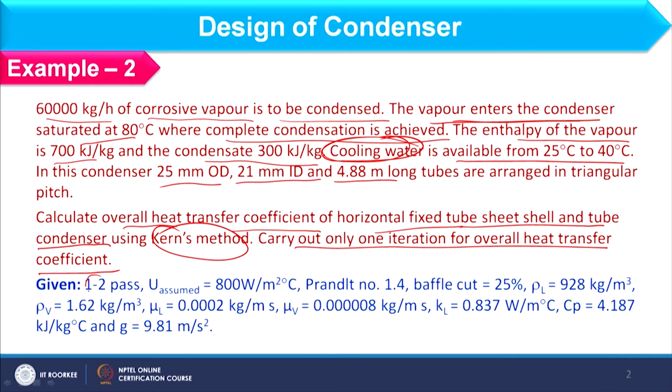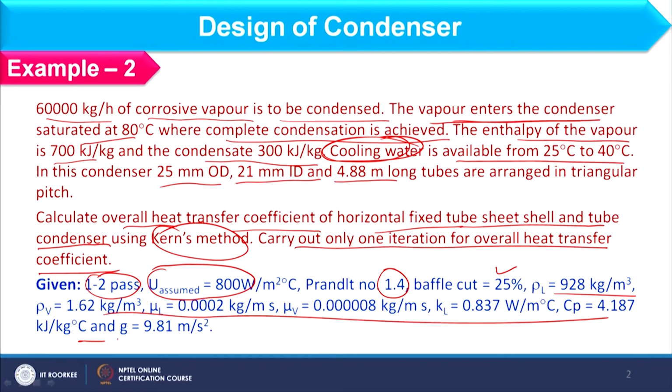We are given a 1-2 pass, and the initial assumption of the overall heat transfer coefficient is 800, the Prandtl number is 1.4, a baffle cut of 25% is given, and we are given other properties of the fluids. So let's start the solution of this example.